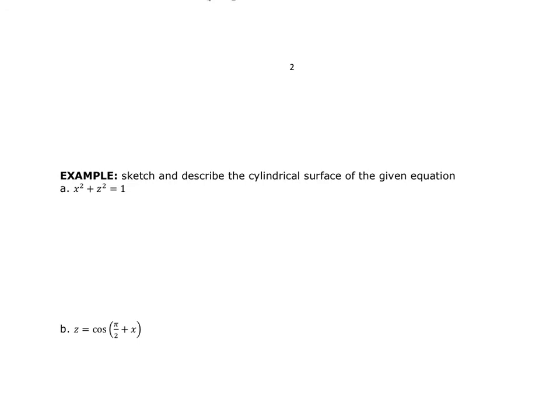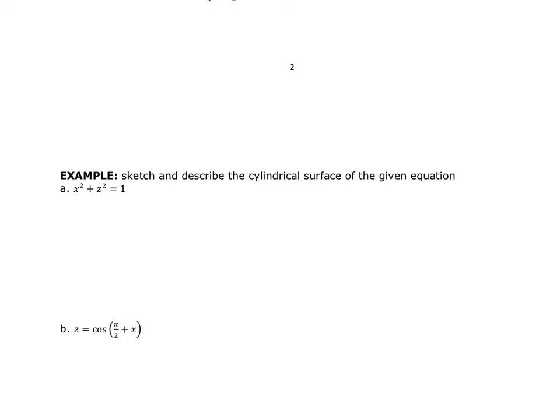If I'm asked to sketch and describe the cylindrical surface of the given equation, I look to see if there are any variables that are not given. In example A, I know that the y is not given, so y is the variable that can take on any real number.